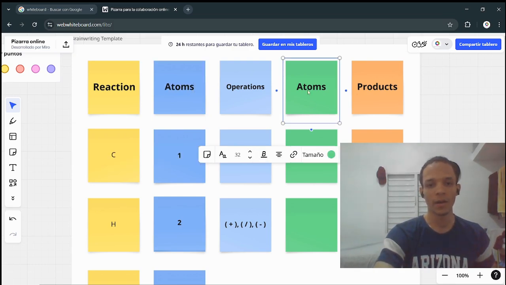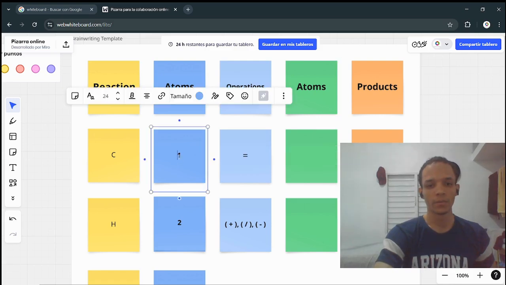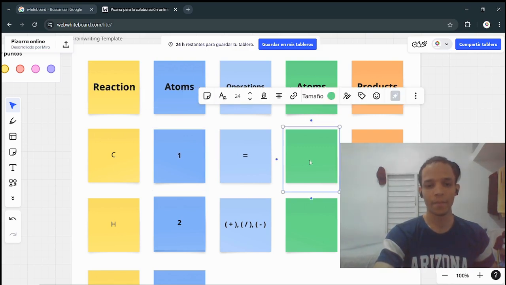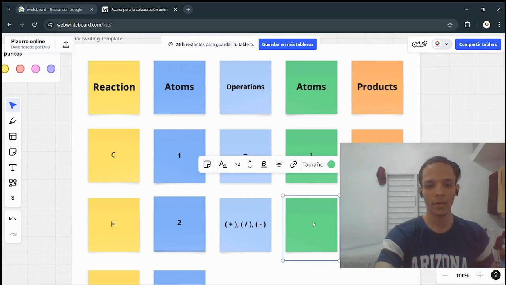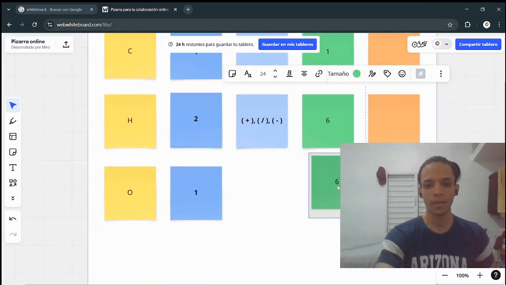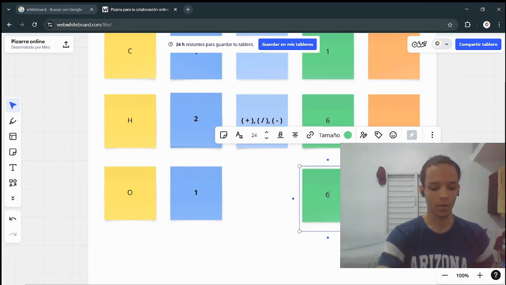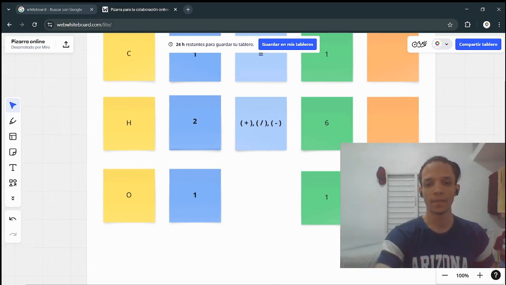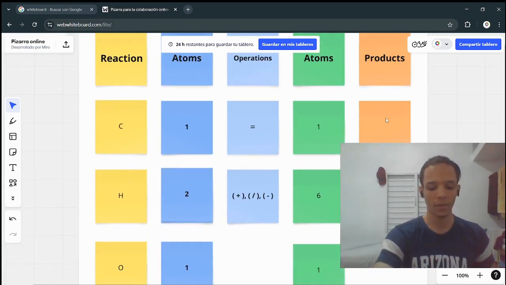And let's put the number again. This is not that difficult to understand. Let's put just one, for example, and here let's put six, and copy and paste, and put one here, and that's it.